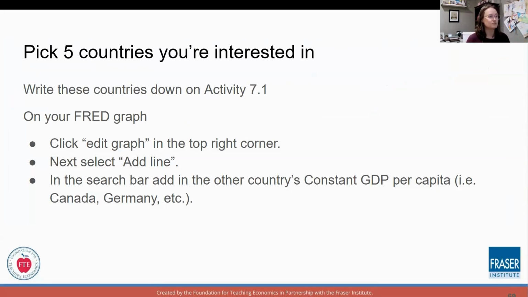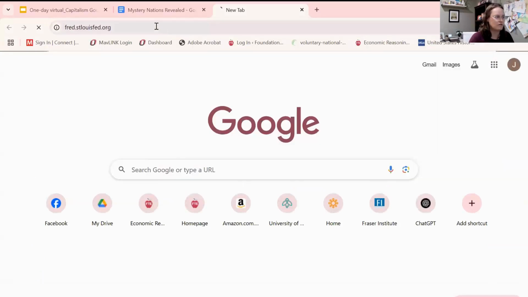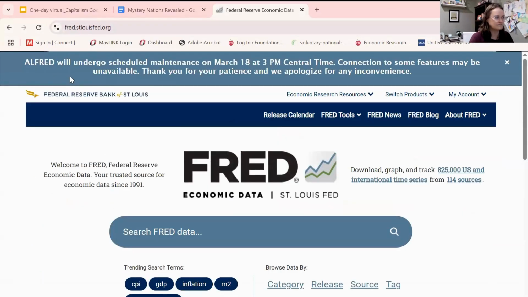You can pick whatever countries you want, and then you're going to add them to that. So I am going to go to FRED myself. Can you still see this?